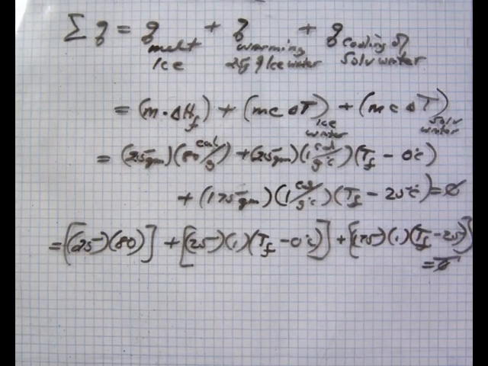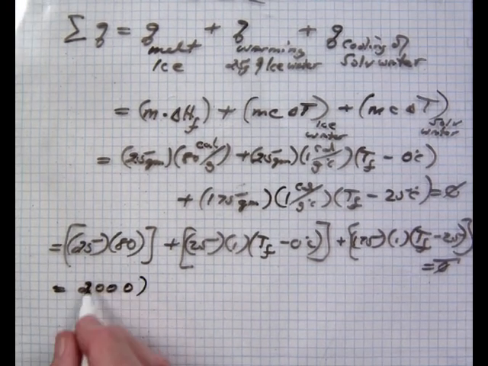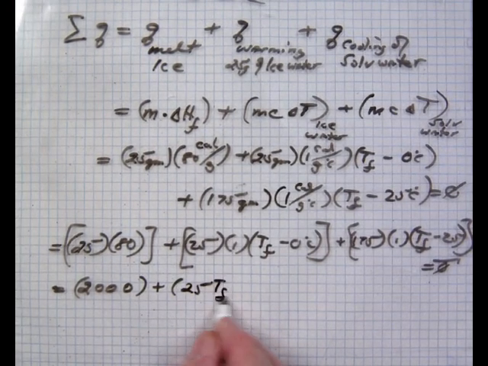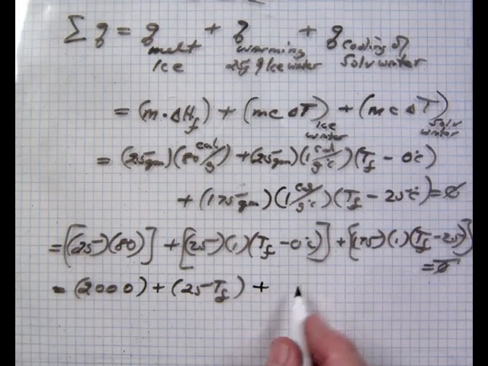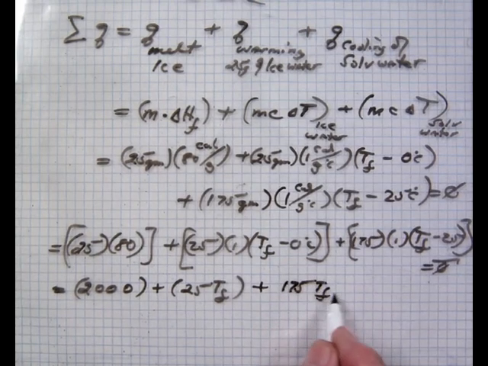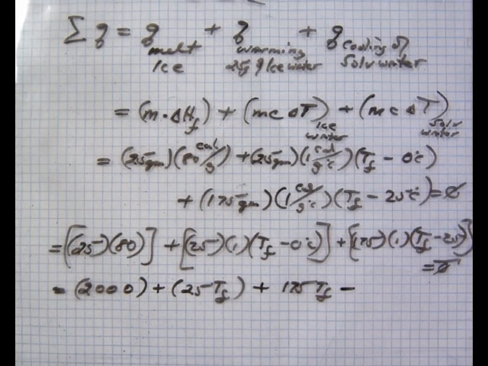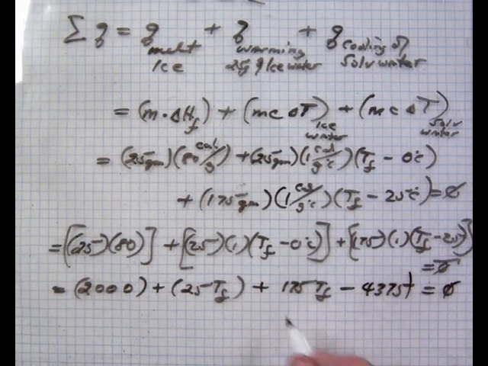Okay, so what do we got? 25 times 80. And so that is 2,000. And so that's 25 T final. So that makes that real easy. And then 175 T final minus 4375, and all that equals 0.